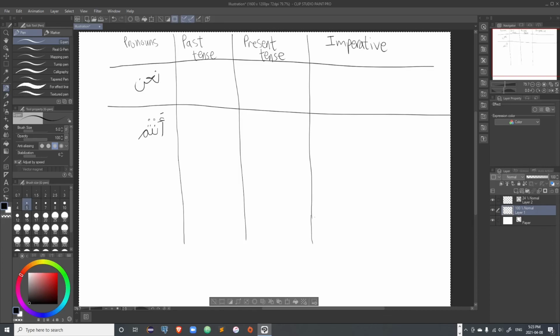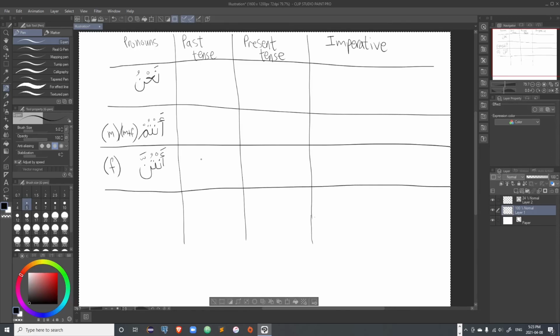I am simply writing it as so, shortened to save up room. نحن, and this is masculine only or masculine and feminine. أنتم, so I should write or masculine and feminine together. أنتن, this is exclusively feminine, and remember this table is for the plural form or more than two nouns.